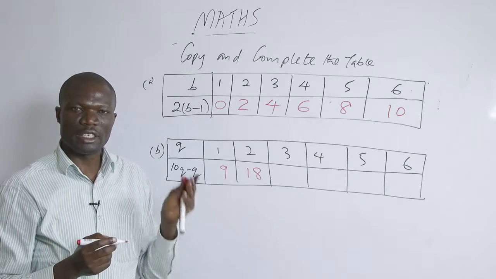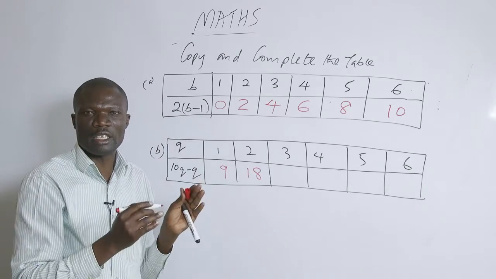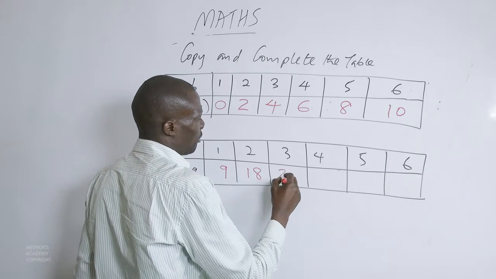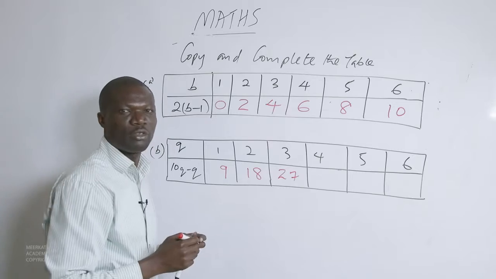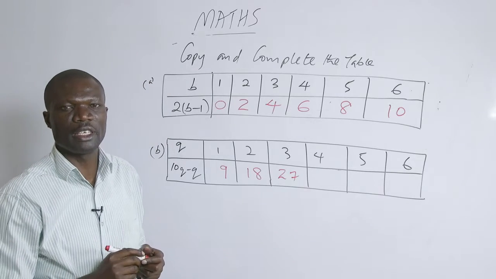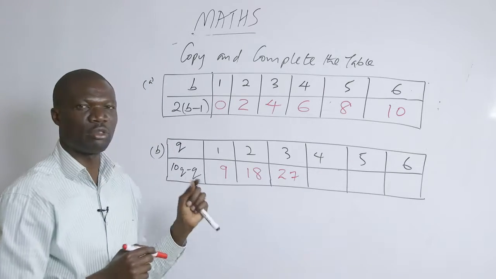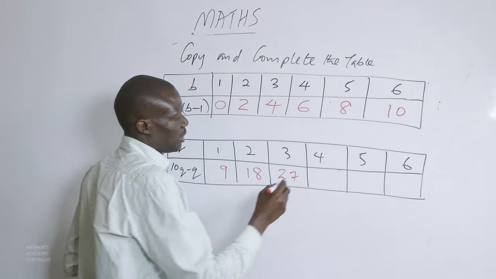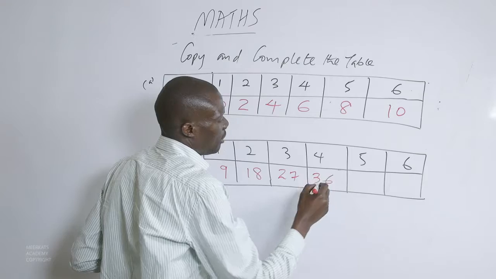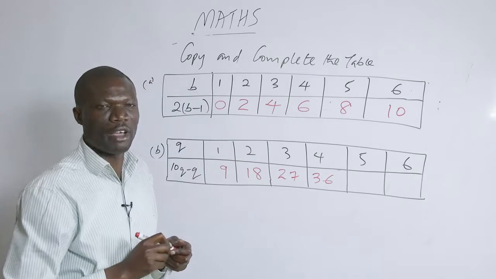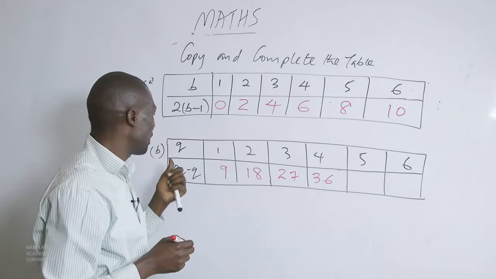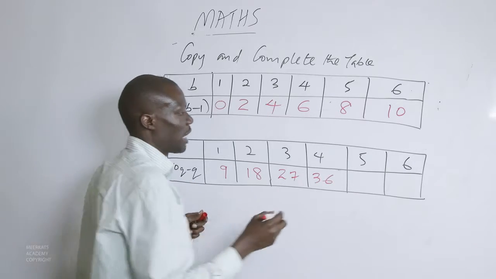If it is 3, 3 times 10 is 30. 30 minus 3 is 27. This part I'll have 27. If it is 4, 4 times 10 is 40. 40 minus 4 is 36. For the 5, 5 times 10 is 50, and 50 minus 5 is 45.